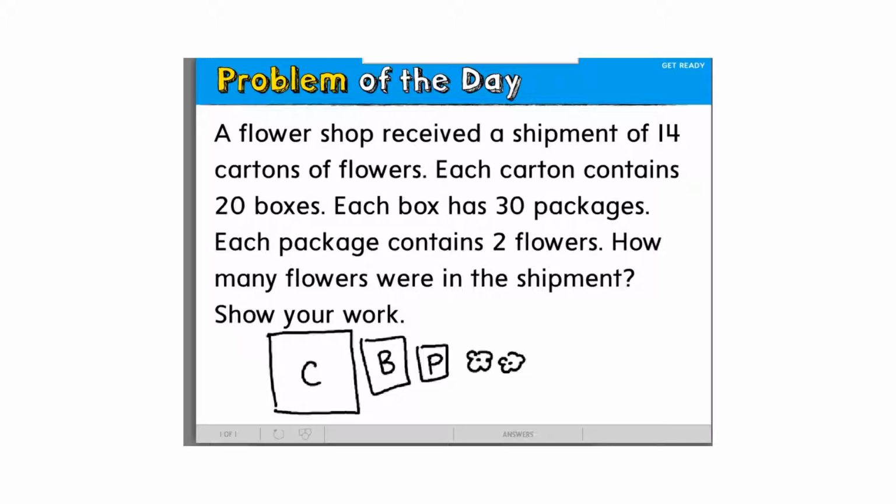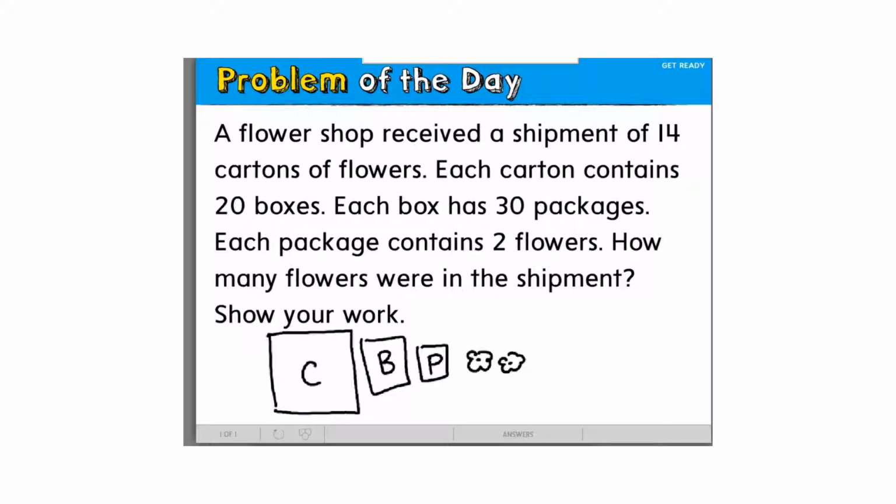Okay, so for every carton, inside of the 14 cartons, inside of there, you have 20 boxes, and each box has 30 packages, and each package has 2 flowers. So the way the question is written goes from biggest down to smallest, and you have all these things inside of each other. But we're going to have to work backwards when we solve this problem. So think about how many flowers are in 30 packages.